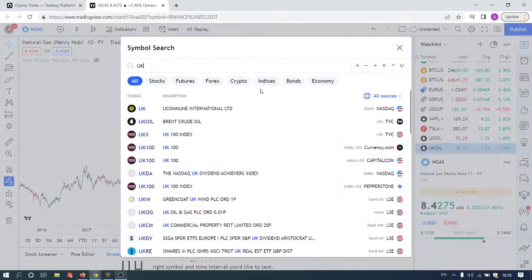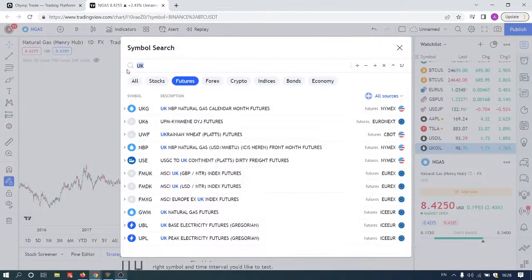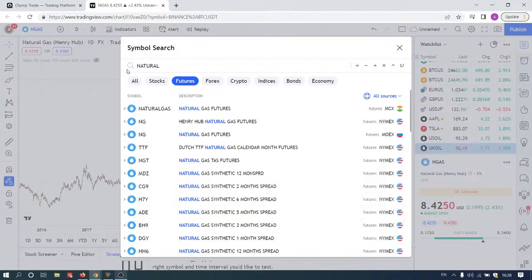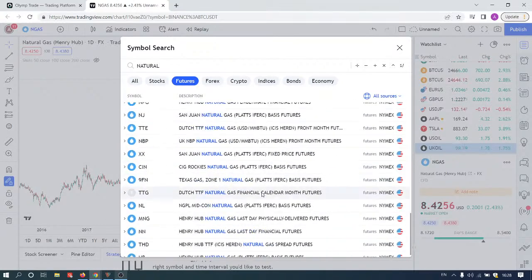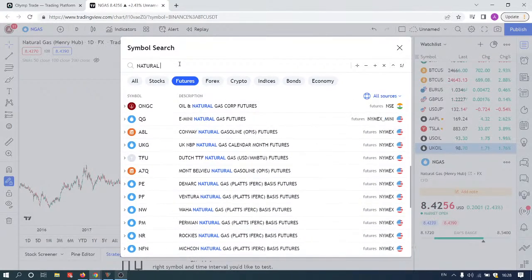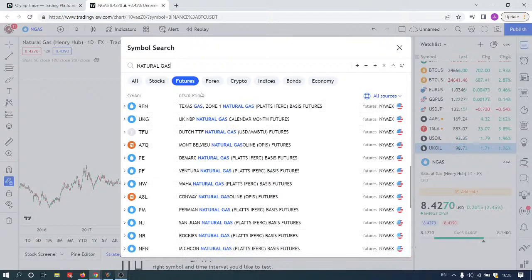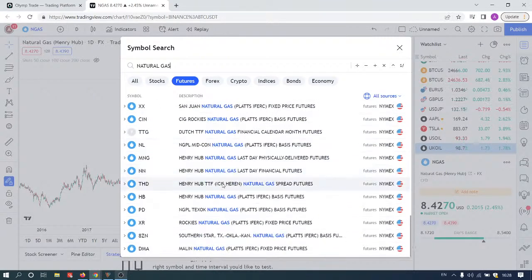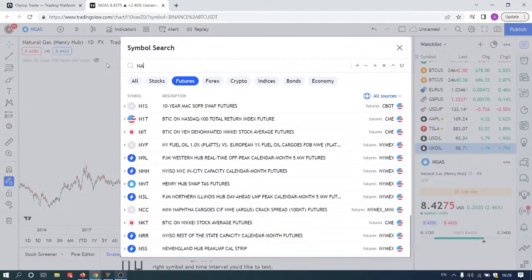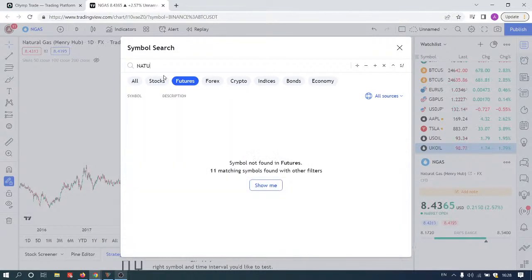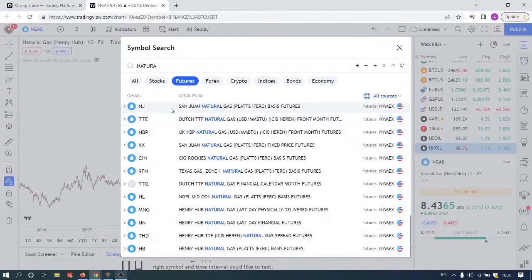And if you look at natural gas futures, natural gas now, in TTF gas.